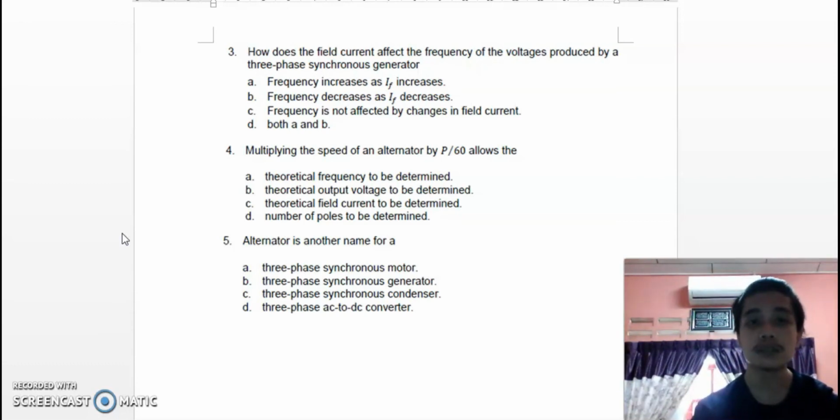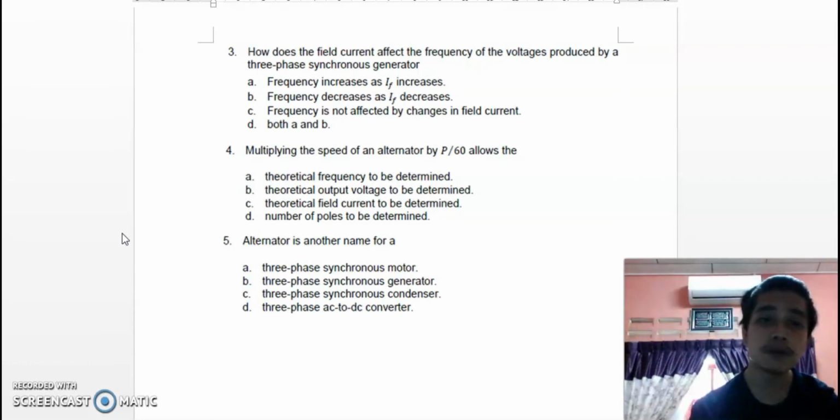No, it's not the answer. B, frequency decreases as field current decreases. Also not the answer, because frequency and field current are not related at all. C, frequency is not affected by changes in field current. So the answer should be C. And D is both A and B. Of course the answer is C, because A and B are totally wrong.